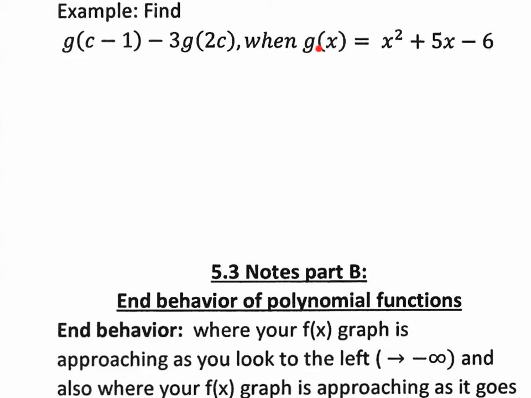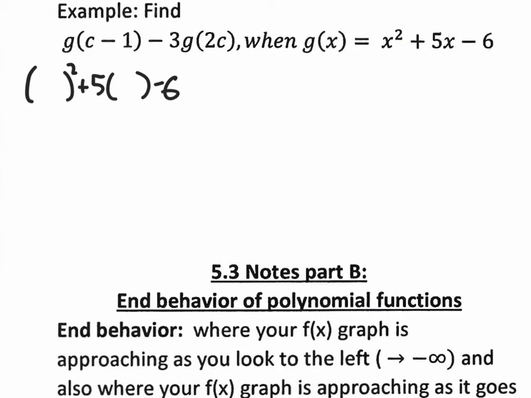I need to take my g of x function, which is x squared plus 5x minus 6, and I need to plug in this binomial c minus 1. So let's first begin by rewriting it. X squared plus 5x minus 6. And we're only going to be focusing in on this part, plugging in the c minus 1 into the x positions, into these parentheses.